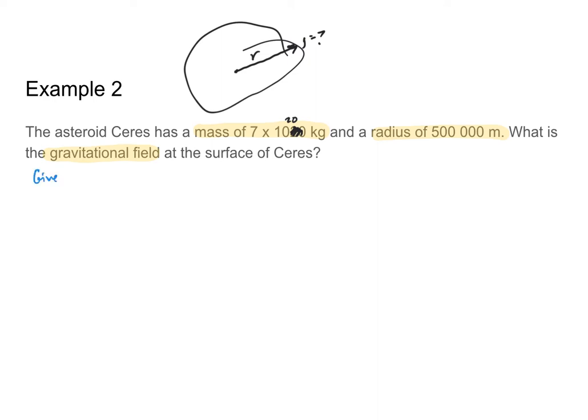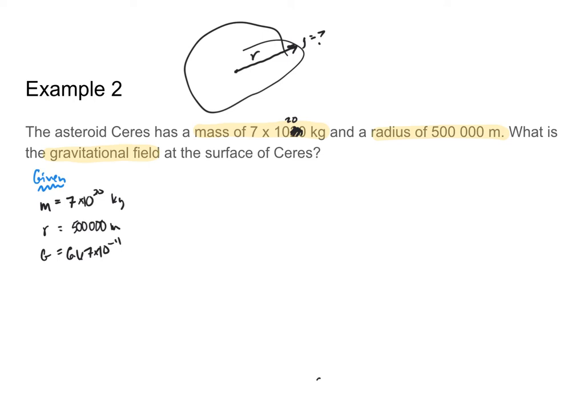So we are given the information that the mass of Ceres is 7 times 10 to the 20th kilograms, that its radius is 500,000 meters, and that big G is 6.67 times 10 to the negative 11th.